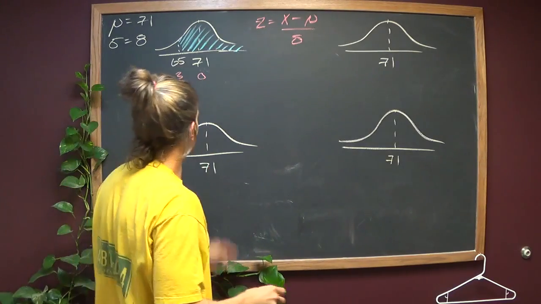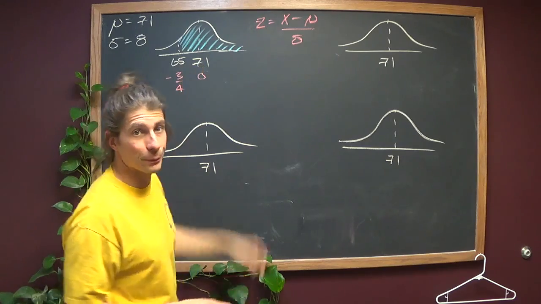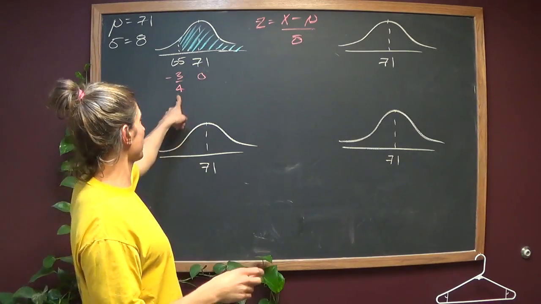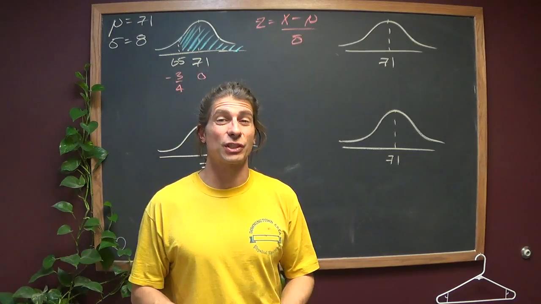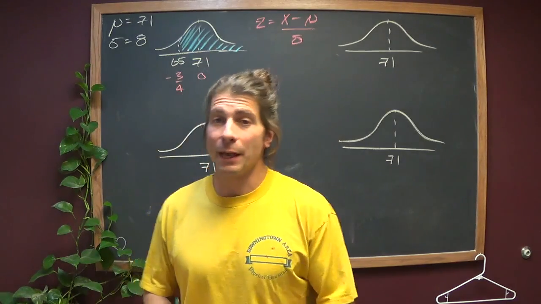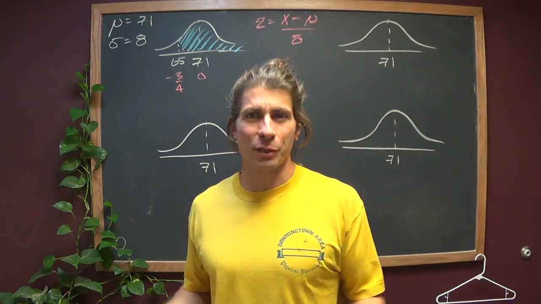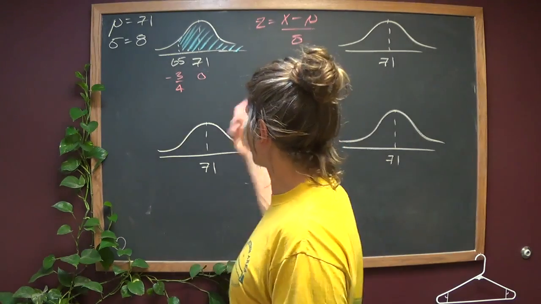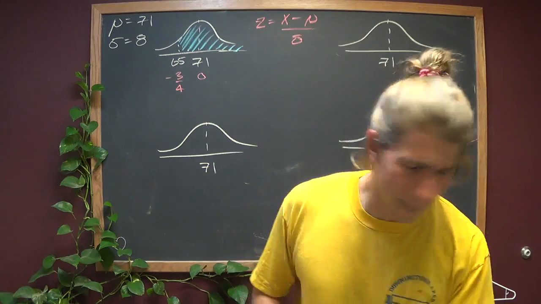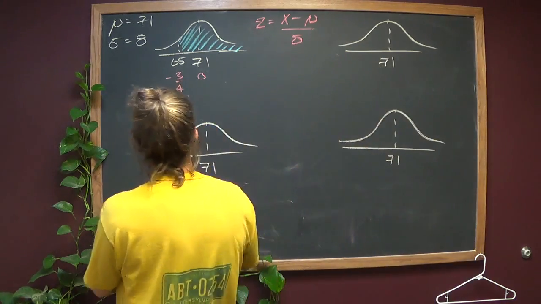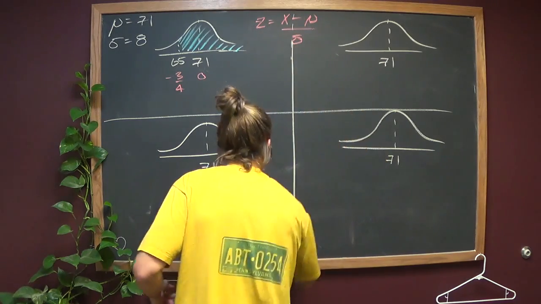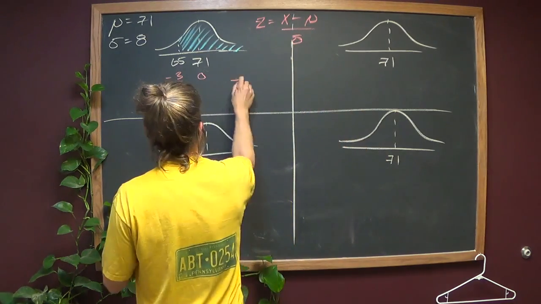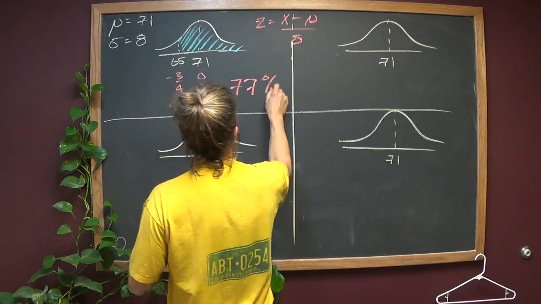So essentially, rather than plugging these into a table or a calculator, you want to plug this one. If you had me for 243, I gave you a program called Stanormal that takes care of that for you. If you didn't have me, you still have the program, so you can always ask me how to use it. So anyway, I ran it, and I ended up getting a percentage of 77%.